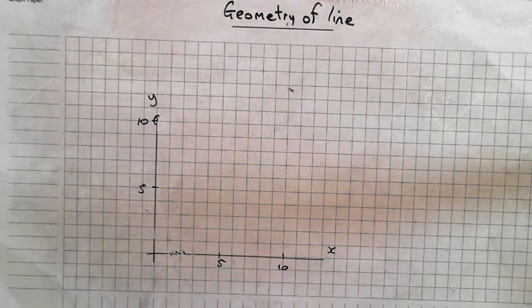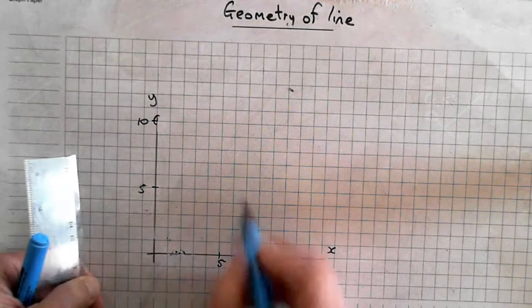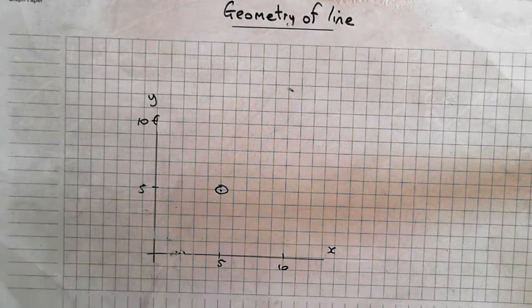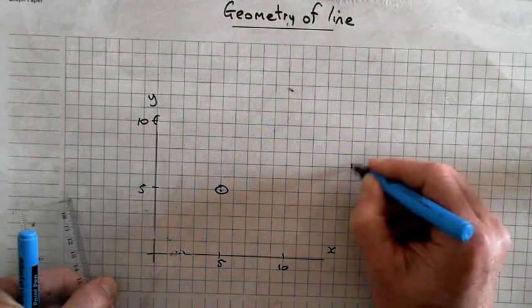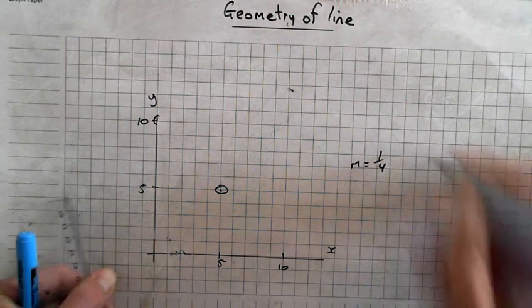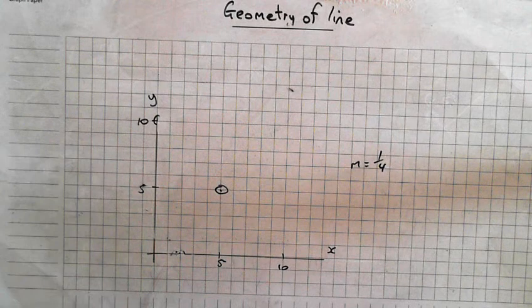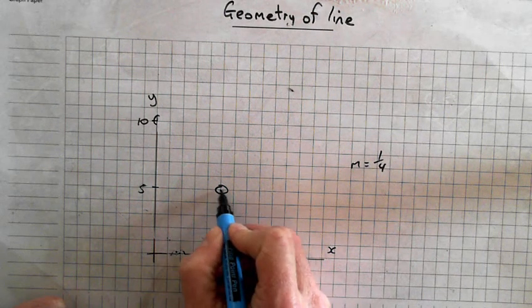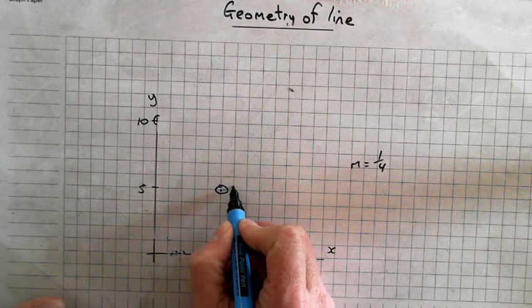What about if you're given a point? Start off at 0, 5 and you have to do a slope of a quarter. So every time I go right, I go up a quarter. So how many quarters do I need to do to get to 1? Up 1. Alright. So right 1 up a quarter.